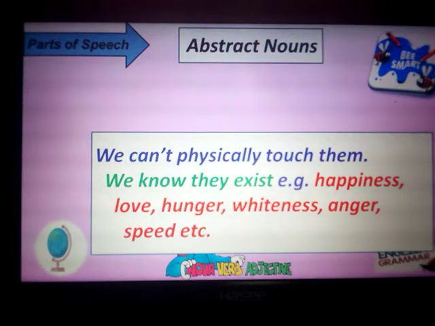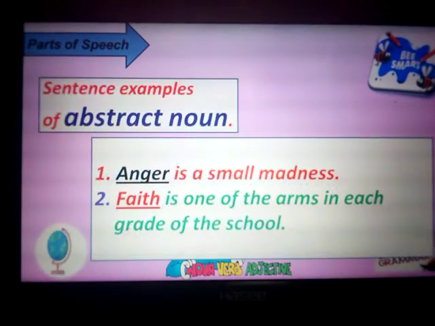Whiteness. You can see the anger. You can feel it, but you can't touch those things. Speed. When someone is moving at a very high speed, you can feel it, but you can't touch the speed, right?